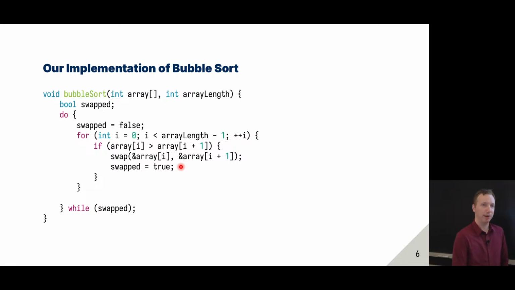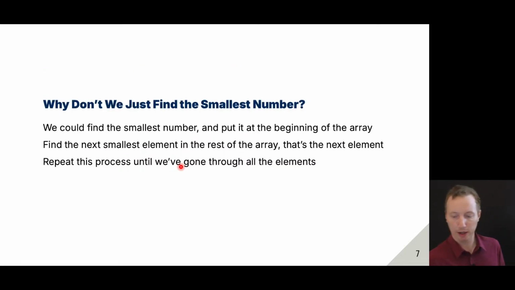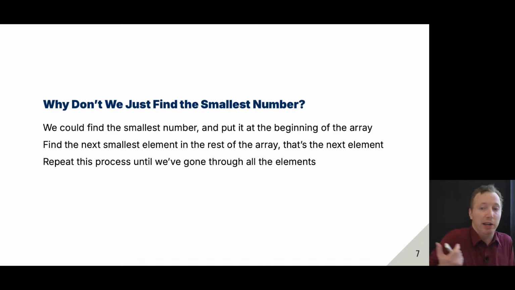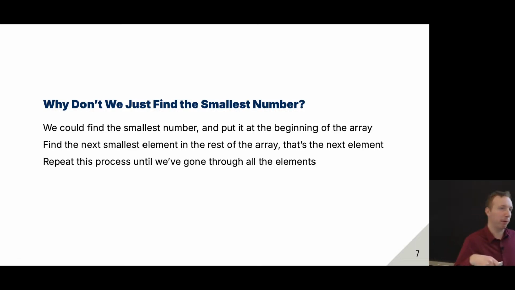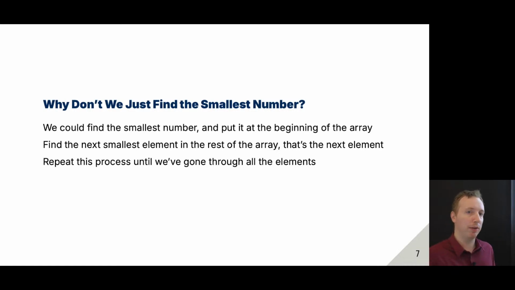But if we just get rid of that idea and try something else, well, we've written loops before, so why don't we just find the smallest number? If you can find the smallest number, you can put it at the beginning of the array, and then it's a little bit of recursive thinking. Now if the smallest number is at the beginning of the array, then to sort the rest of the array, I can find the smallest number in the rest of the array, and that should be the second number.